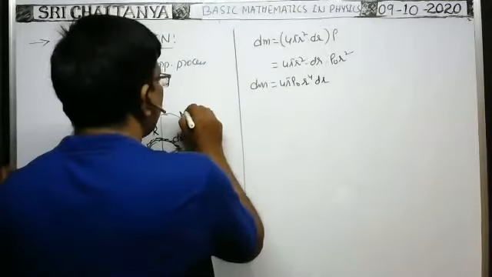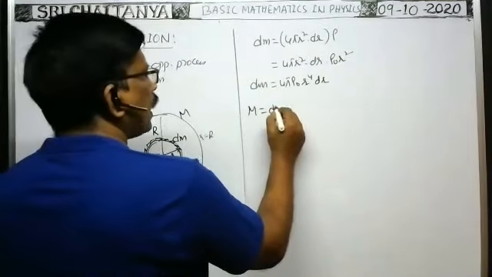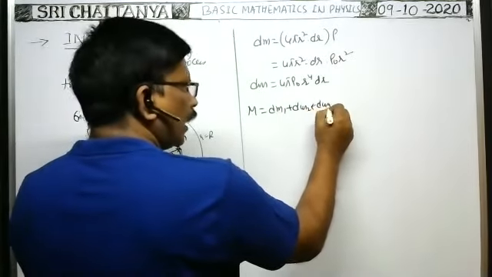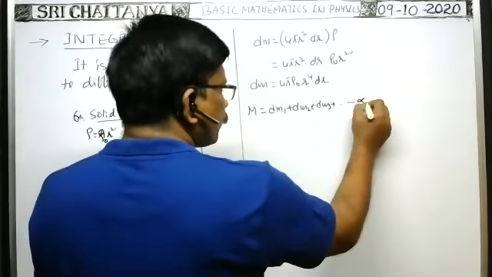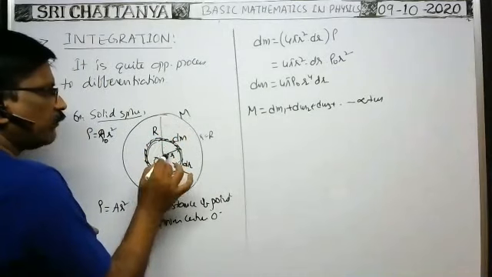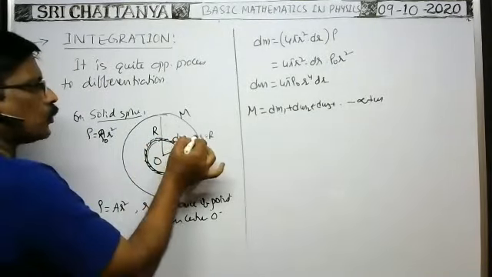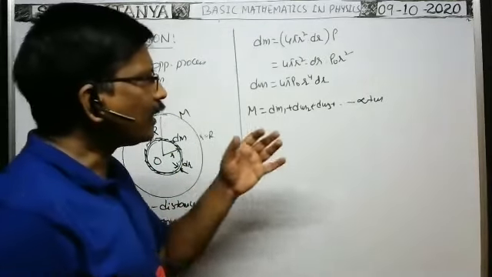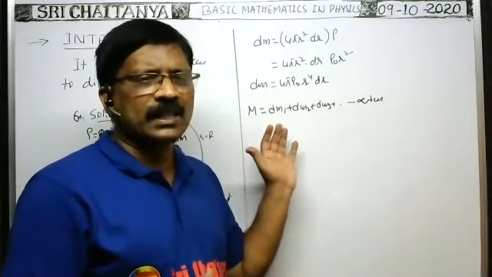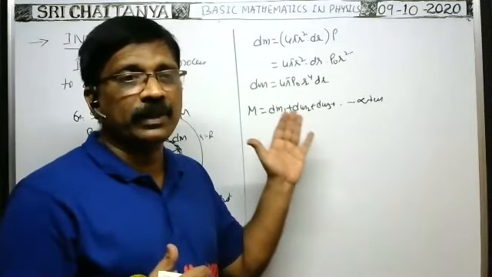So the mass of the entire solid sphere is the mass of the first element dm1, second element dm2, third element dm3, and so on. In this way, infinite terms are there, because the solid sphere can be imagined as a combination of an infinite number of shells from r equal to 0 to r equal to capital R. That's why practically it is not possible to find the mass of all the elements and add them, as there are infinite elements.